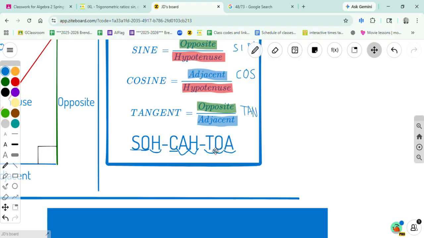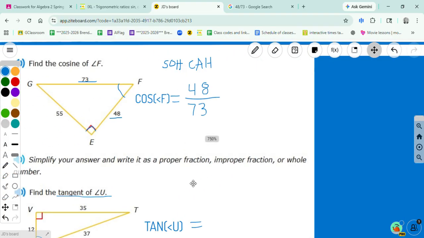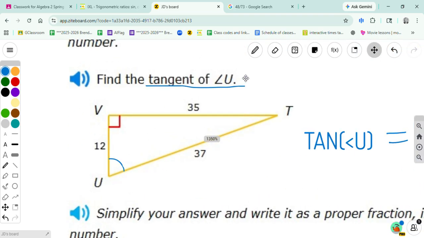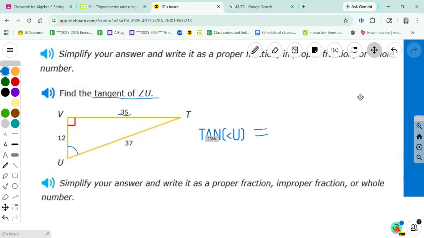TOA, tangent is the opposite over the adjacent. So let's find the opposite. Which side is opposite to angle U? Well, it's not this one because it's touching, and it's not this one because it's touching. So it's this one, 35.